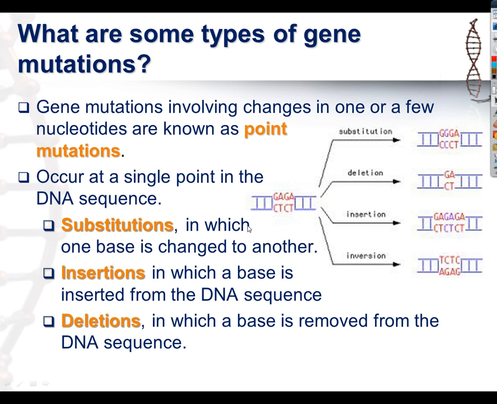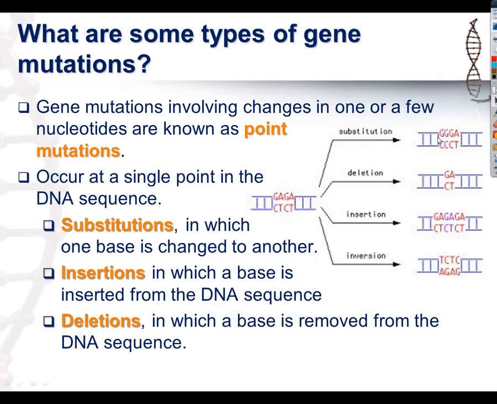All right, so some of our mutations that are most common. You have, for example, a substitution. In the case of a substitution, you're supposed to have GA, but then this A right here gets substituted by a G. Therefore, this T is going to be substituted by a C. This changes the sequence.